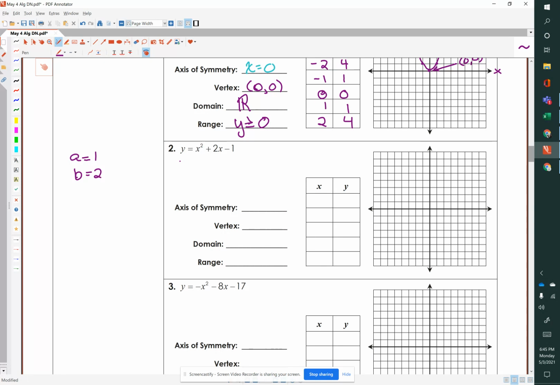So when we insert that into our formula, we have x equals -2 divided by 2 times 1, which is -2 divided by 2, which equals -1. So our axis of symmetry is -1.